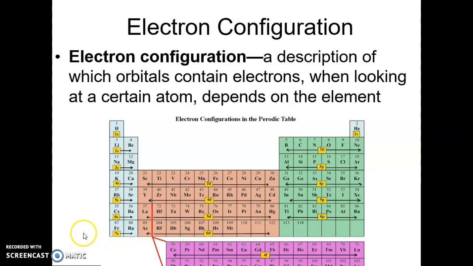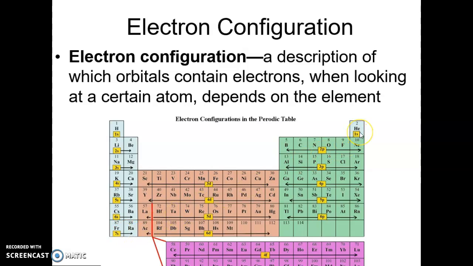So I am going to have you make a simplified view of this periodic table. So you're going to sketch out a periodic table like this, and you're going to include these last two rows. And then I want you to label these two columns 1s, 2s, 3s, 4s, 5s, 6s, and 7s.